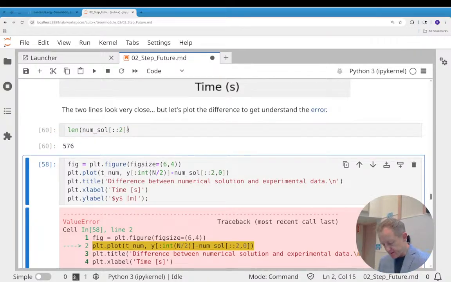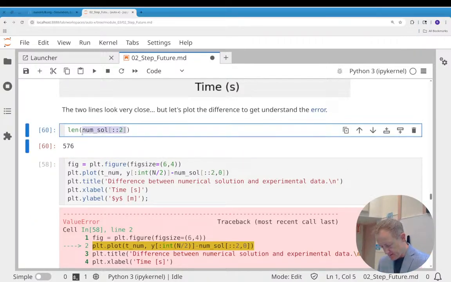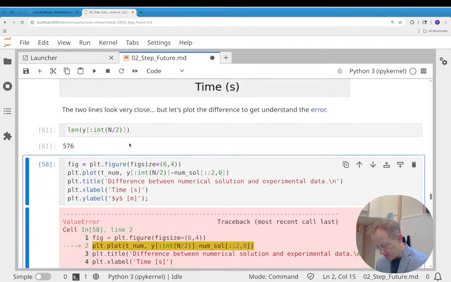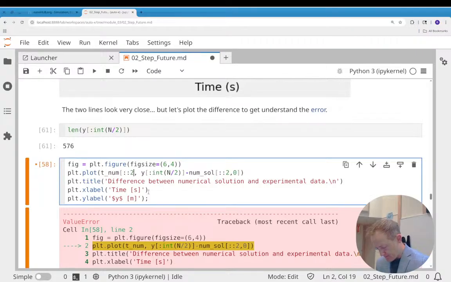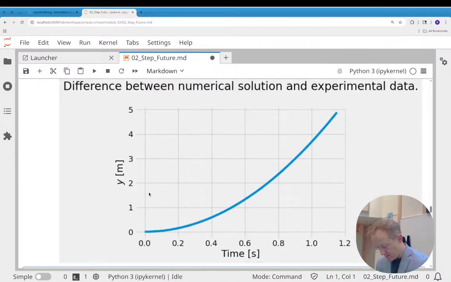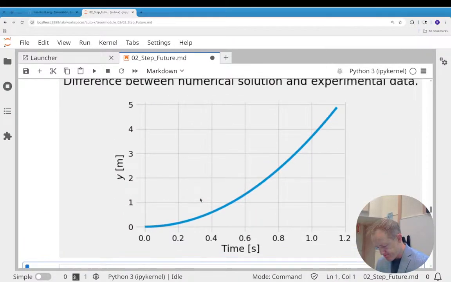Now it's 576, so those should match. There we go. Error went up. That can't be right, because I decreased the time step.